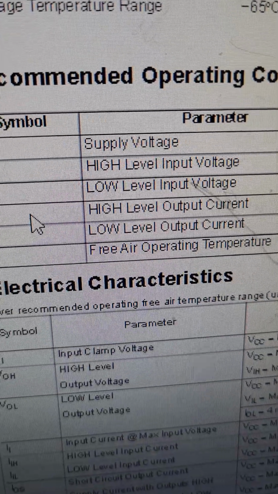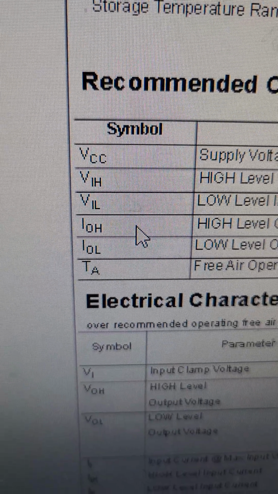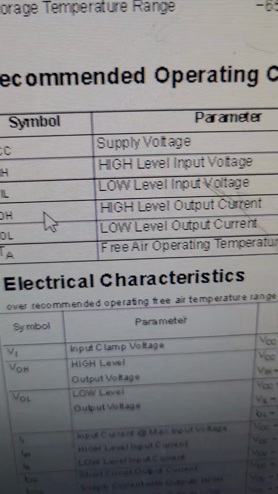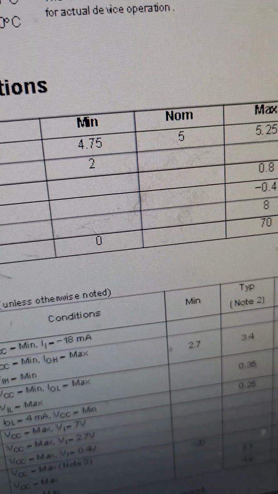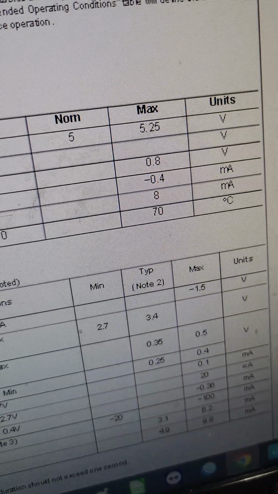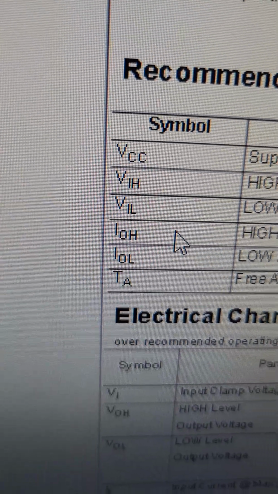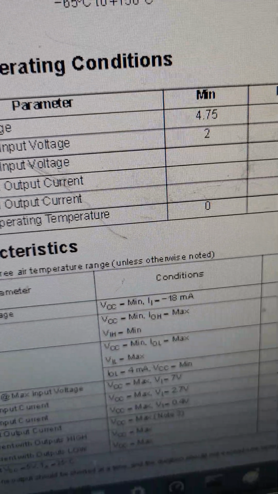For the high level input, it must be at least a minimum of 2 volts to be considered as high input.